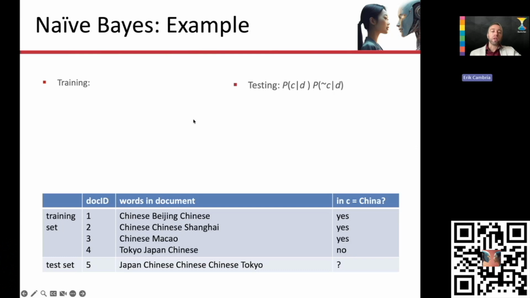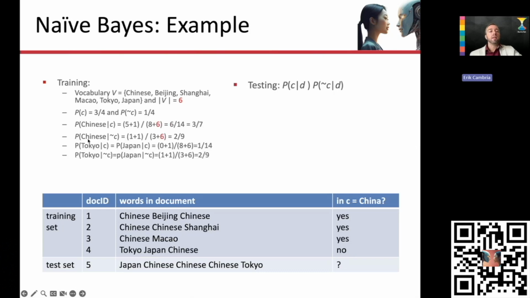In order to do that, we need to calculate all these prior probabilities. So first of all, our vocabulary size V is 6 because we have 6 different words in our vocabulary. Then the probability of the class, as we calculated earlier, is 3 out of 4, and not C is 1 out of 4. Then I just have to calculate all these other probabilities.